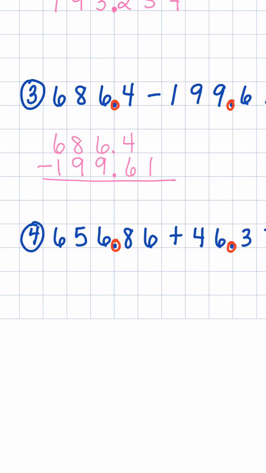So see, once again, there is not a number in the hundredths place. Add a 0, it does not change the value. Go ahead, we're going to have to borrow 9, borrow 7.